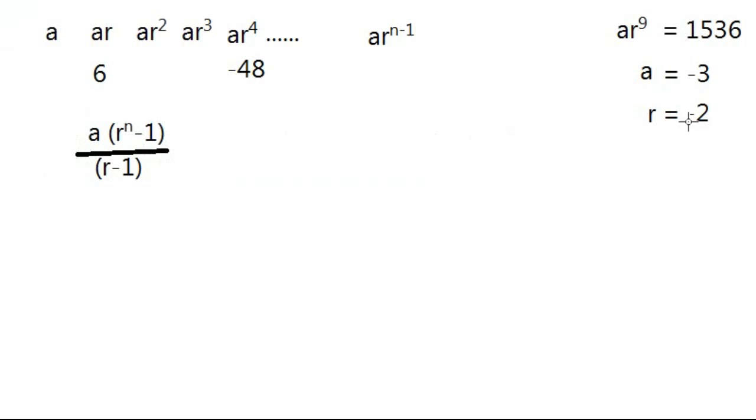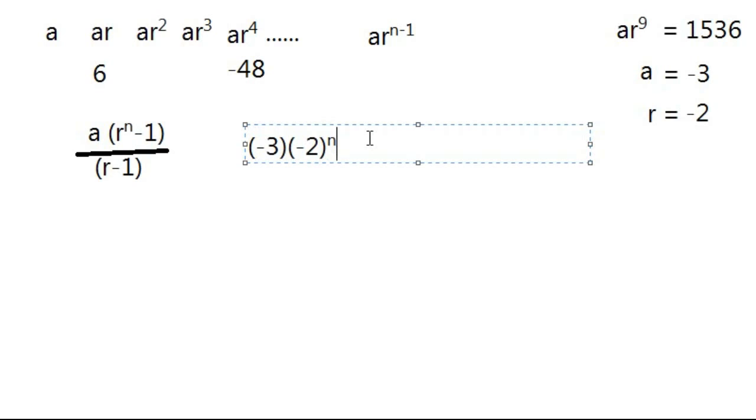You need to do a simplification of this question, and remember that a and r are numbers, so you need to do actual calculations. So it's negative 3 multiplied by negative 2 to the power of n minus 1, and that itself is another bracket, and under it is negative 2 minus 1.